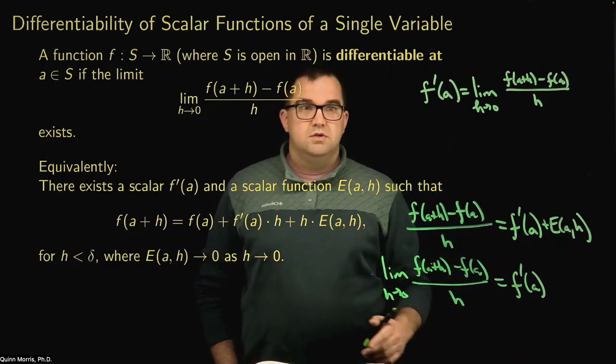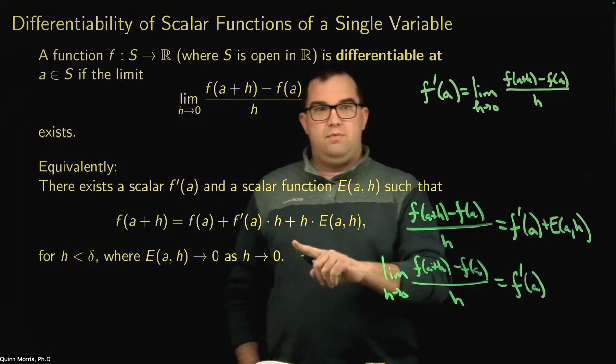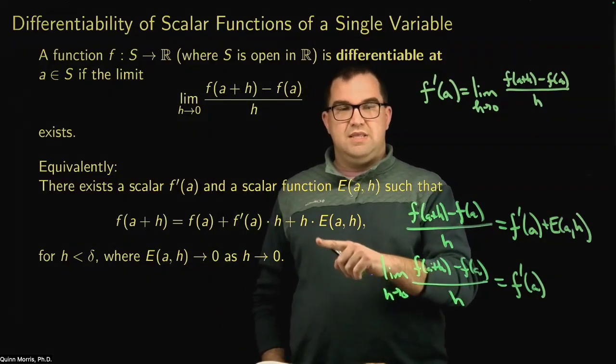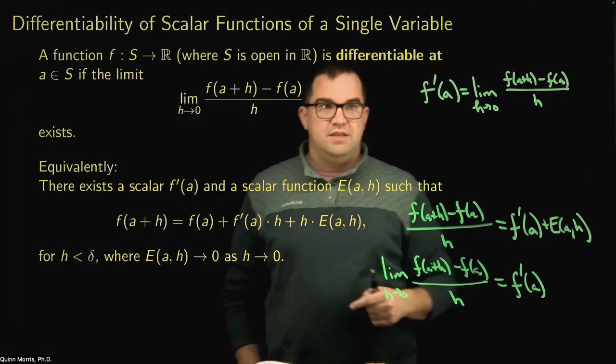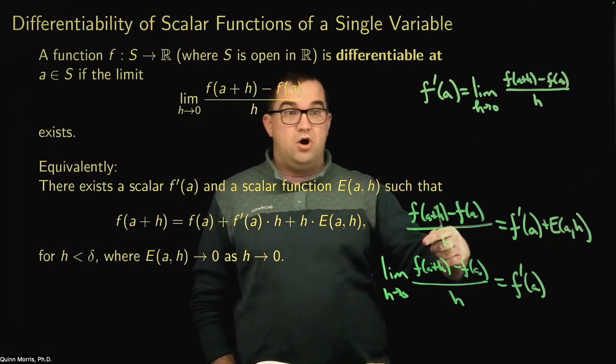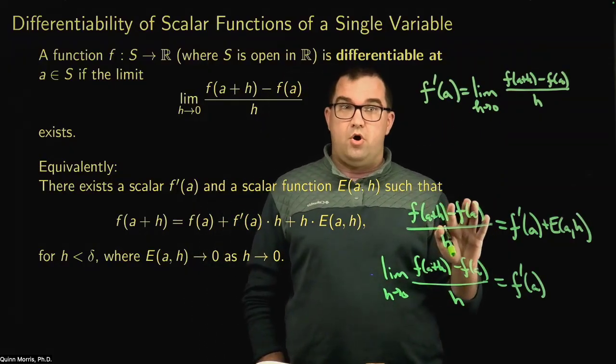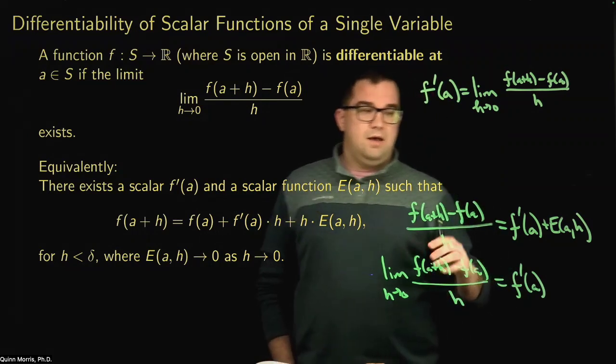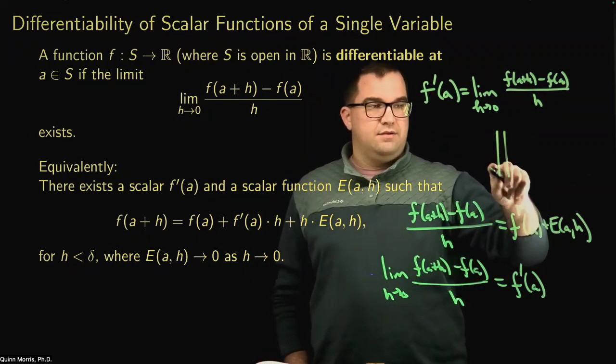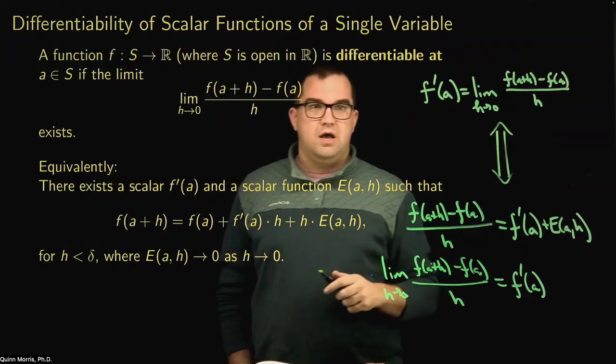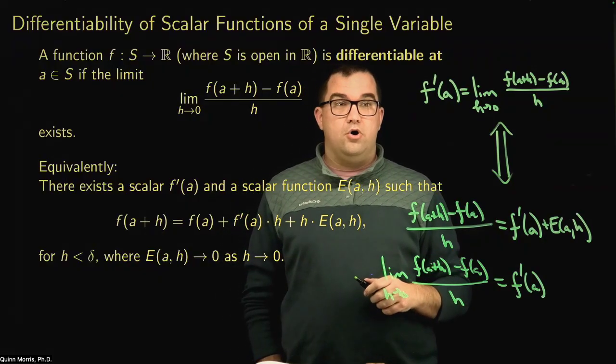Okay. So what we want to see here is that this implies the differentiability. You can also, in fact, go the other way for functions from R to R. So these two really are equivalent definitions for functions from R to R.